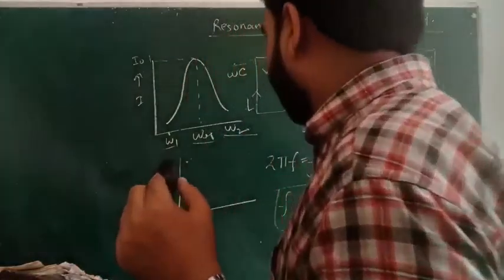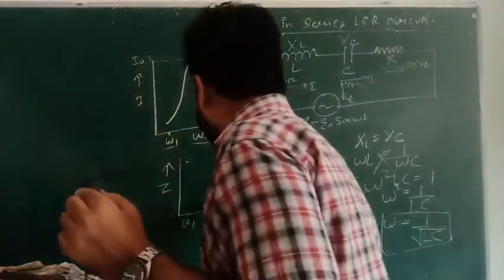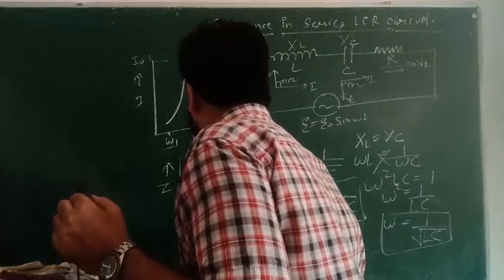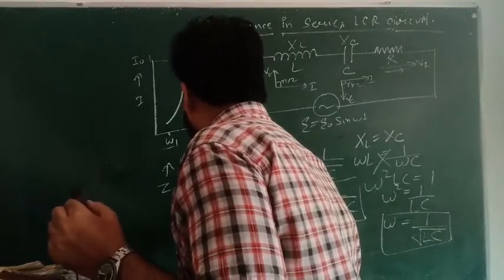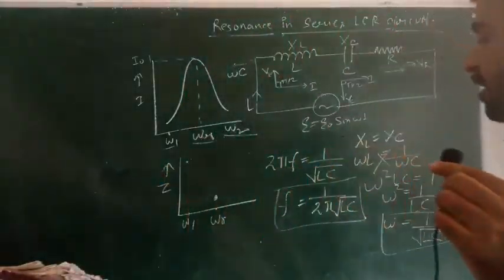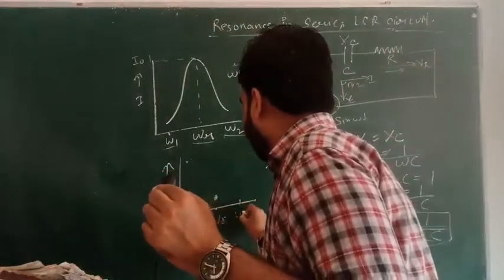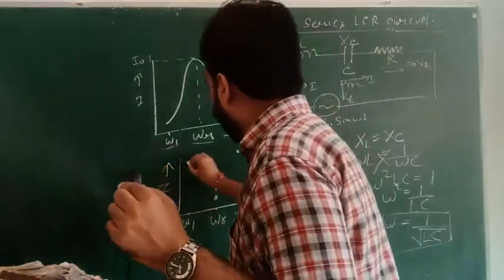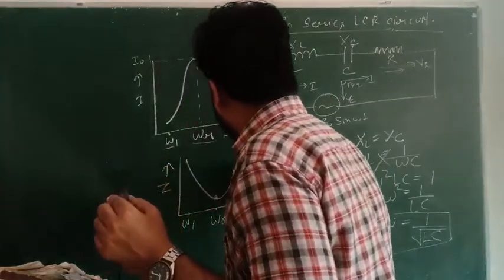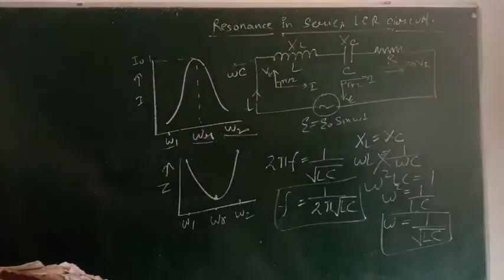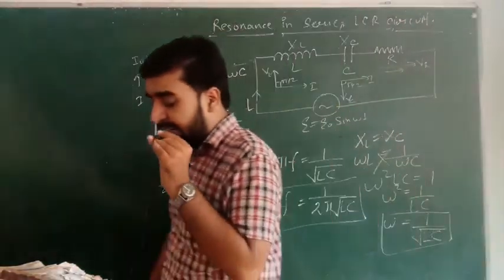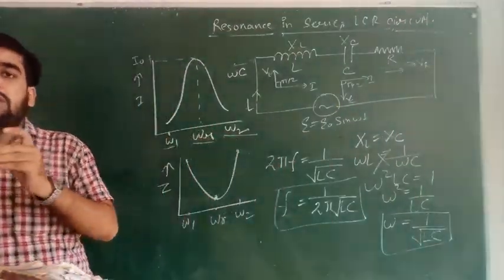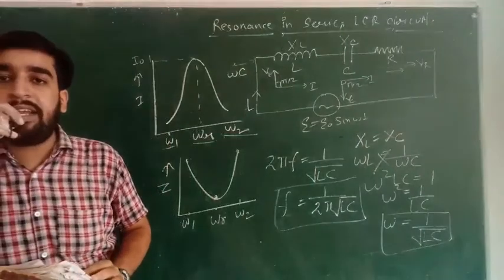At the resonant frequency, omega R, the impedance will offer a minimum value. And at a higher frequency, again it will offer a maximum value. So the graph of impedance will be just opposite to the graph of current for the condition of resonance in a series LCR circuit. Hope the condition of resonance is clear.